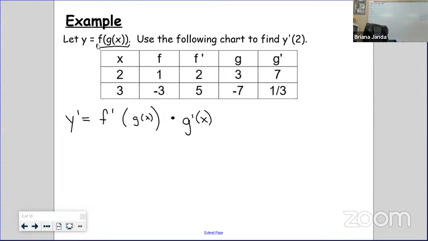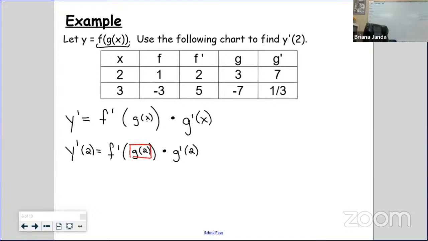But what's kind of tricky on this is they ask us to evaluate this for 2, which means everywhere I have an x, I will replace it with a 2. And I'll tell you what's going to bother people on this. So again, just kind of follow what you're replacing here.